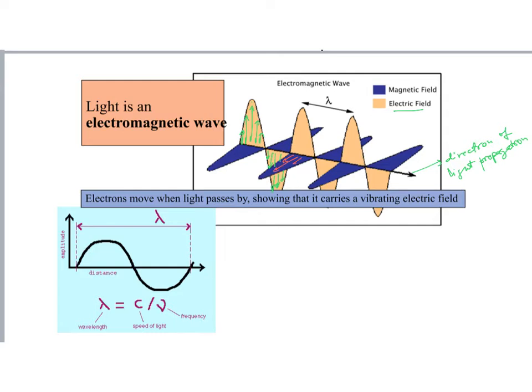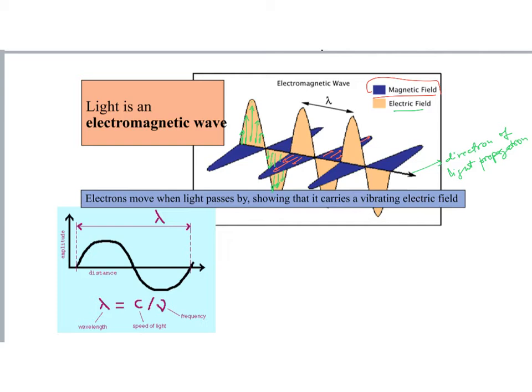So again, the magnetic field fluctuates. So it does pretty much the same as the electric field does. So every time there is a fluctuating electric and magnetic field, basically light is created.